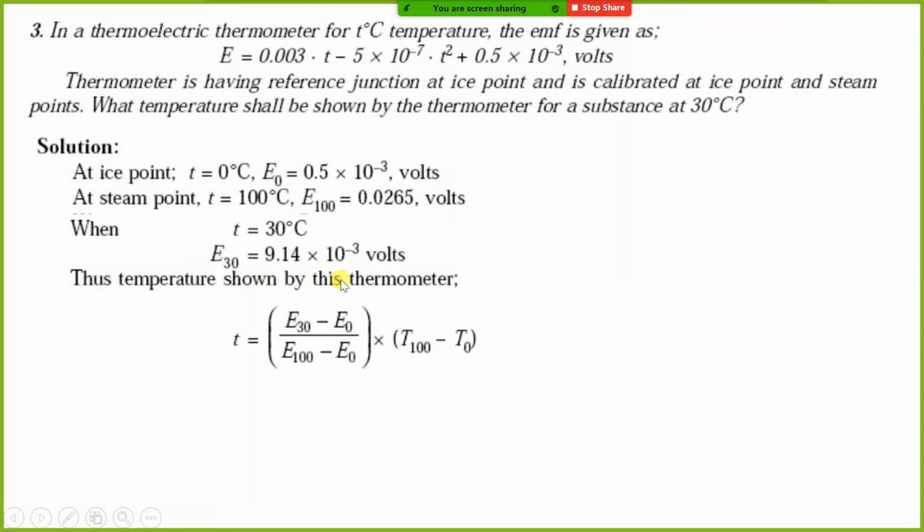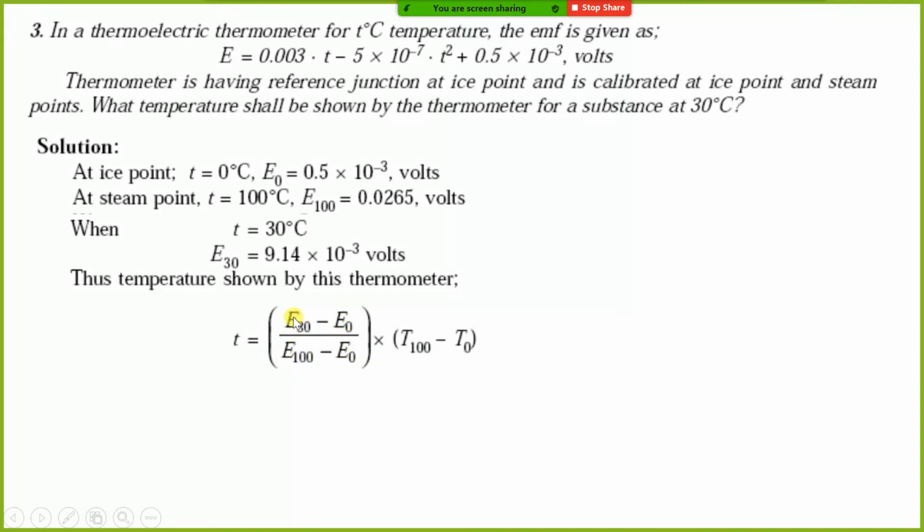Thus, the temperature shown by this thermometer is T is equal to E30 minus E0 upon E100 minus E0 into T100 minus T0. This is the interpolation formula. I will explain what interpolation is. Here we have to calculate temperature T. We know the value of volts at these temperatures.